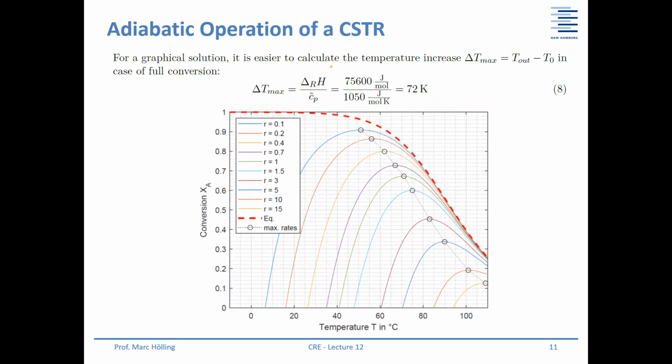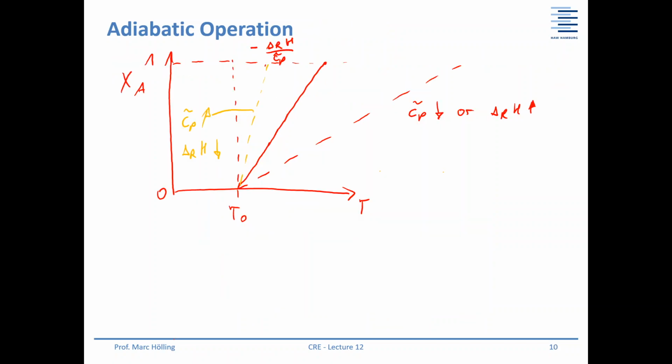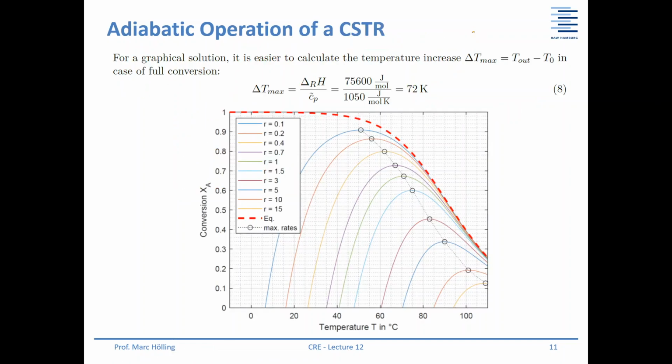So, and what you have to do now, let's start with the adiabatic operation of a continuously stirred tank reactor. What you have to do now is find out what your enthalpy balance is. In the worksheet I always call this line here the enthalpy balance, just so that you know what I mean with this expression.